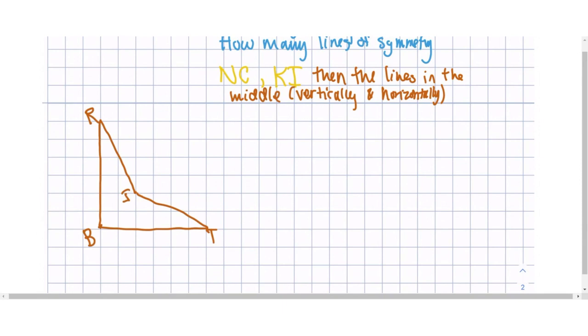It looks like a cartoon foot. A boomerang is a good one. I'm from Australia, so I have to draw a boomerang.